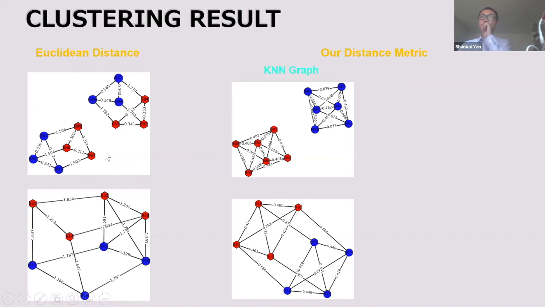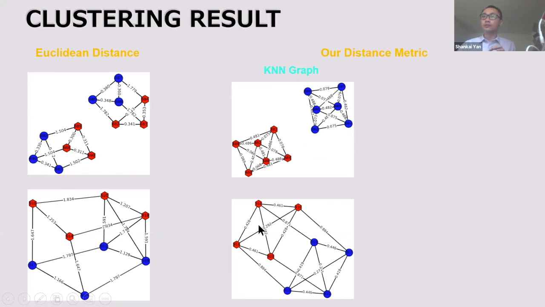But we propose our distance metric to calculate the distance among these samples. We use a covariance matrix in calculating the distance, and you can see that if we use our distance metric, in this kind of example, we can have the samples move closer to each other inside the same negative or positive groups.